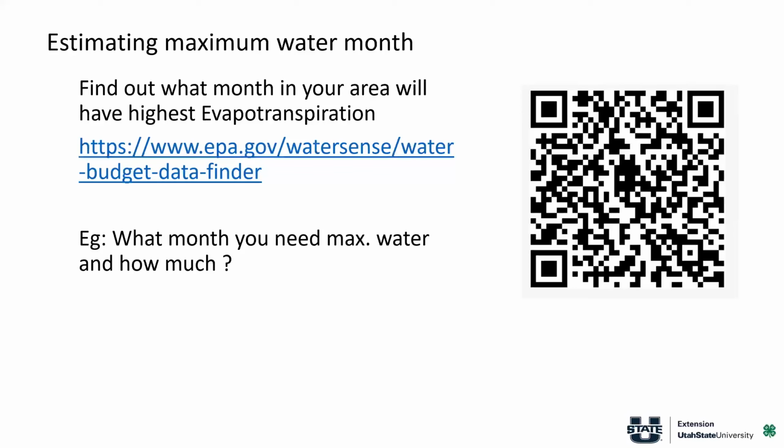Now, there is also a barcode here. Let's do a small short exercise here. I will give you a location, like Tucson, Arizona, and I want you all to go to the link and find out what the maximum water use month is and how much for this zip code.